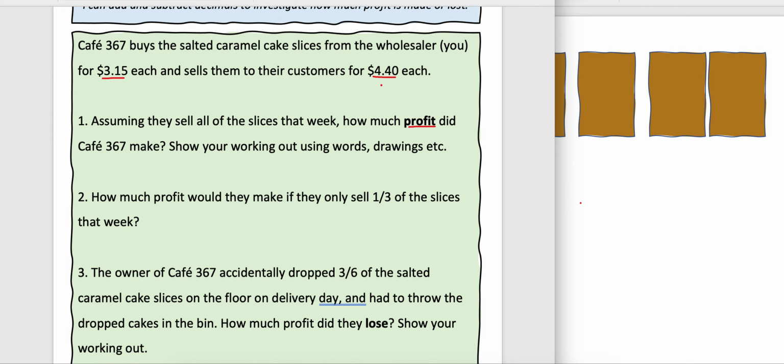And to find out how much the cafe earned, you would add 4.40 together 6 times. And to find the profit, you would subtract your answer from adding 3.15 together 6 times from your answer from adding 4.40 together 6 times. And that will give you the profit that they made.